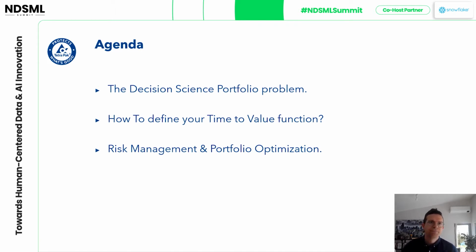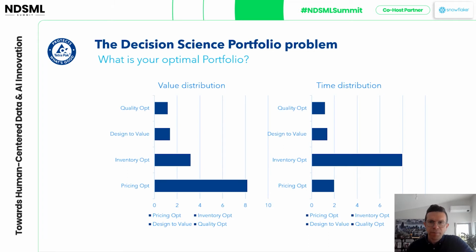Let's start from the beginning. What is our decision science portfolio problem? Well, it's quite simple. The question is about what is the right sequence of projects and what is the right investment in time and cost. So you can think about this problem as maximizing time to value.